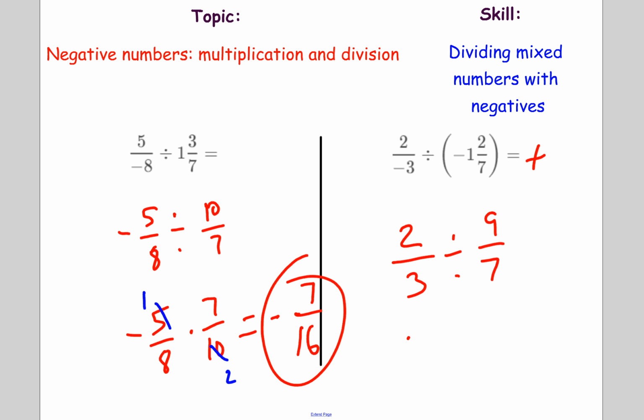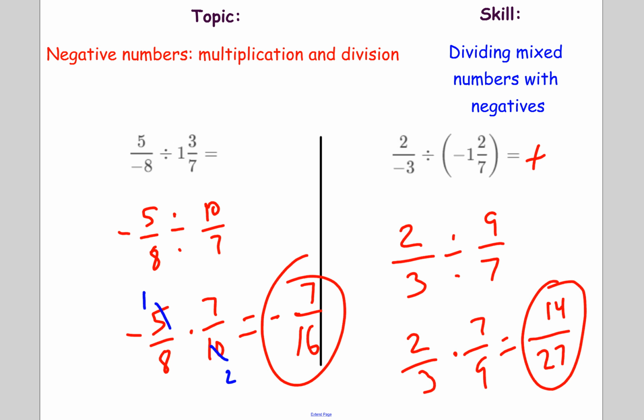Now I'm going to rewrite that as 2 over 3, change the division to a multiplication, and we're going to change 9/7 to 7/9. Okay. Now, can I simplify 2 and 3? Nope. 2 and 9? Nope. 7 and 3? Nope. 7 and 9? No. So I can do my multiplication now across the numerators. 2 times 7 is 14. My denominator, 3 times 9 is 27. And there is my answer.